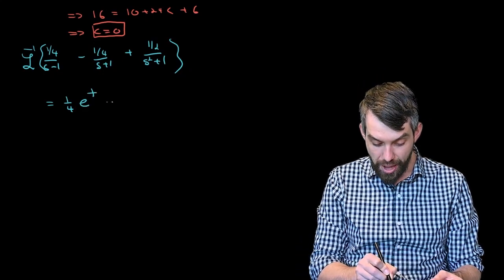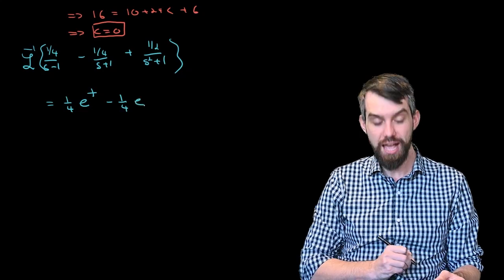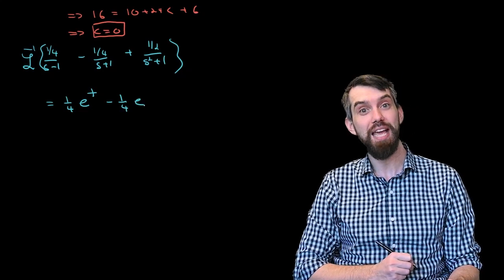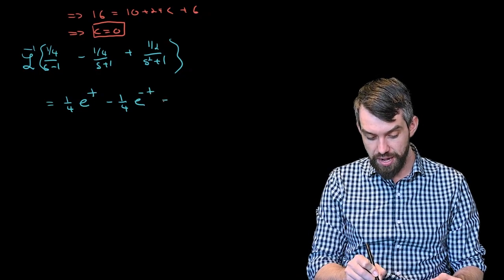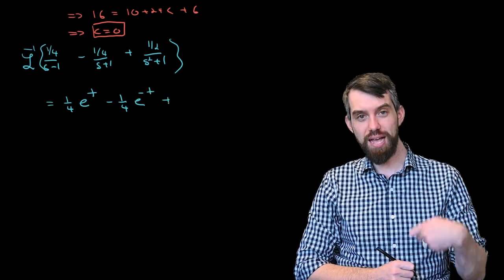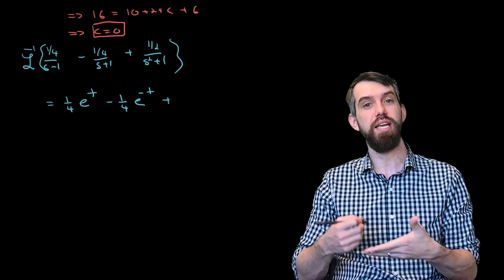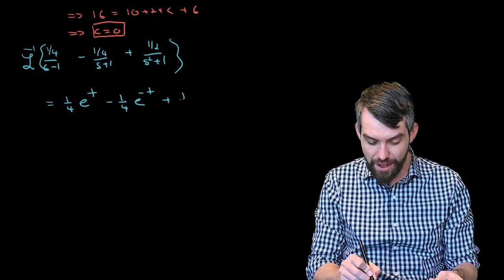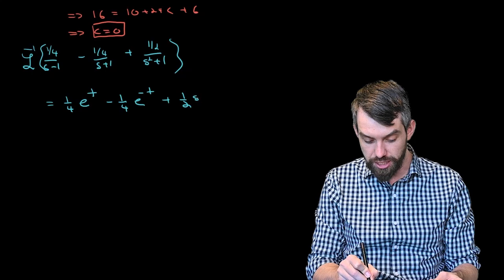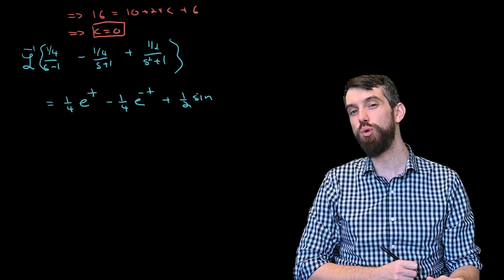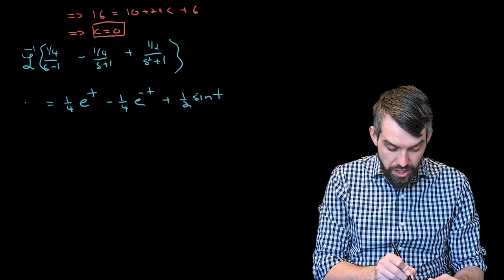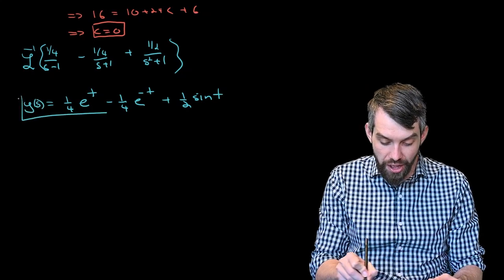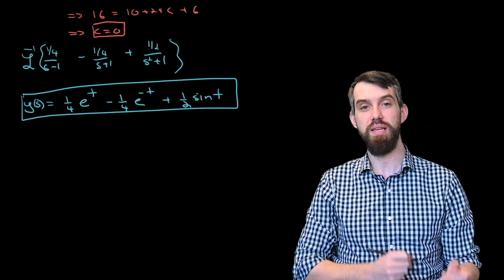Then I have a minus 1/4 term, and if I want to have it as 1 over s minus a, the a now is minus 1, so it's an e to the minus t term. And then 1/2 over s squared plus 1 just looks like a sine term. There's a 1/2 out the front, but then this is just a sine of kt with k equal to 1, and thus sine t. And so what I have computed here is y of t, and this is just going to be this following expression.